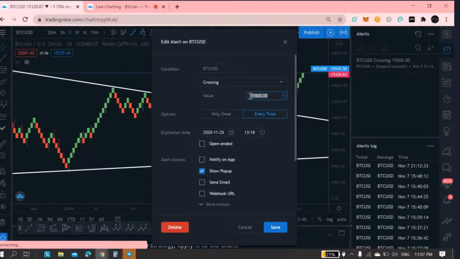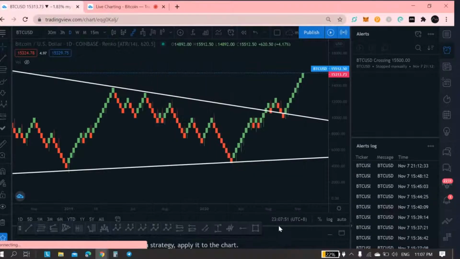However, it failed to move higher and I failed to go short. So I'll just wait at the next, oh sorry, this one, 14,900 area. So let's see if that holds.